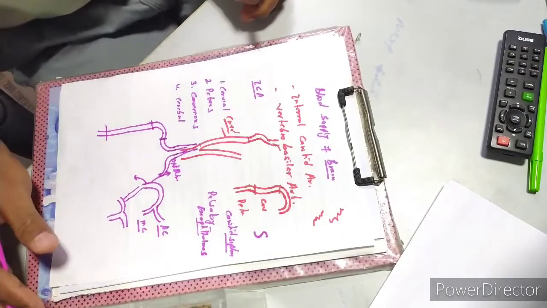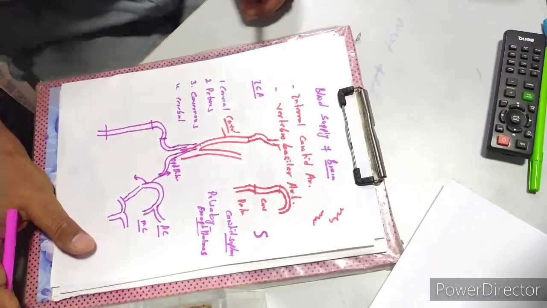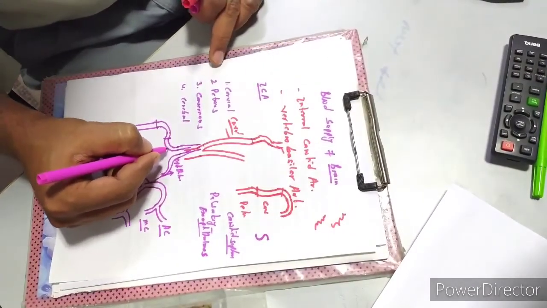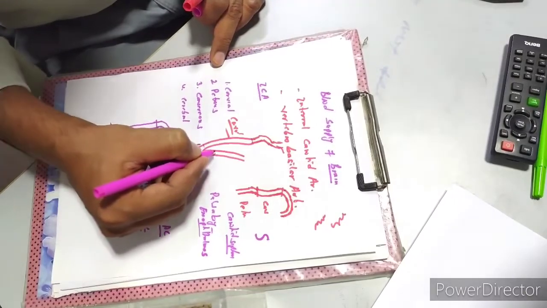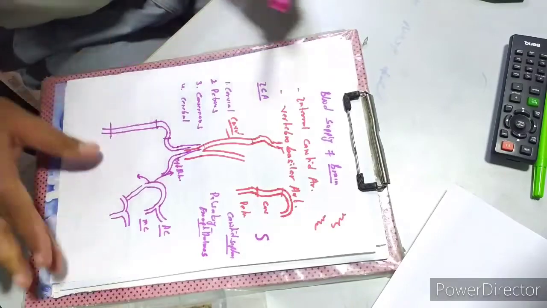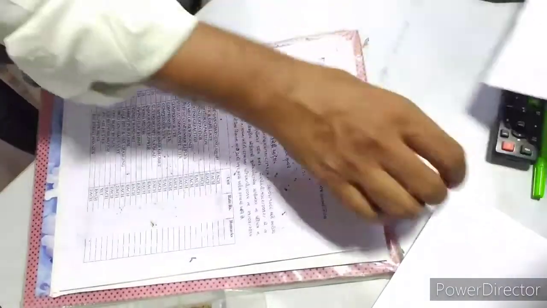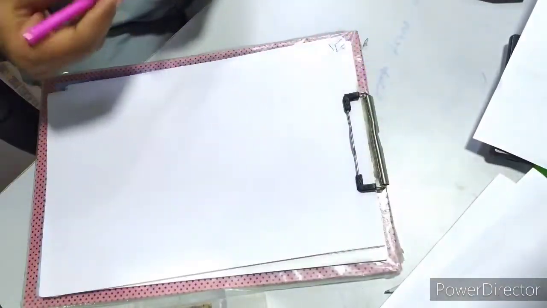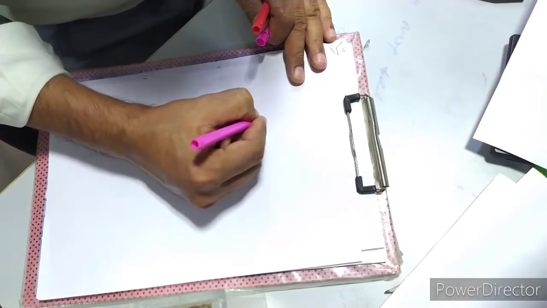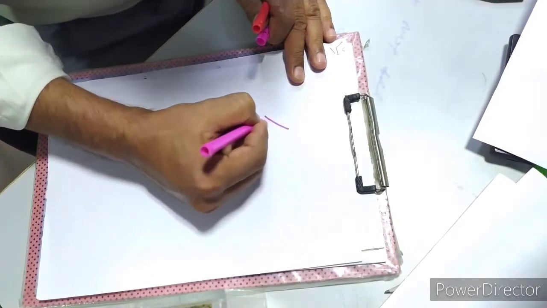What are the branches? Especially we will see the cerebral part of the vertebral artery and the basilar artery. Clear? These are the two vertebral arteries.